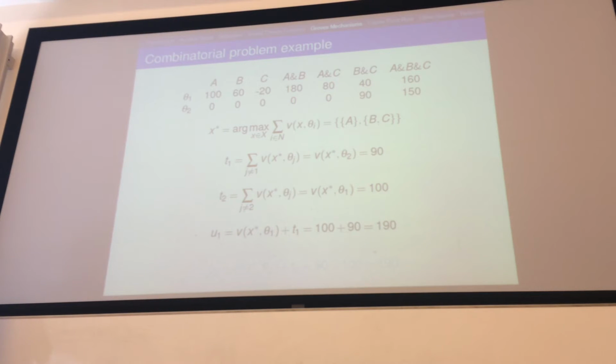And agent 2's utility is the value for getting the bundle B and C, which is 90 here, plus the transfer they receive from the mechanism, which was calculated this way. It was 100, and therefore the utility is also 190.